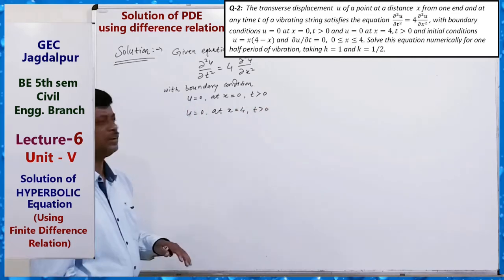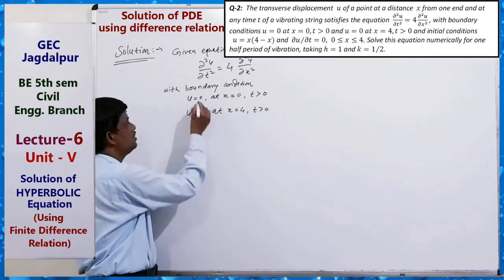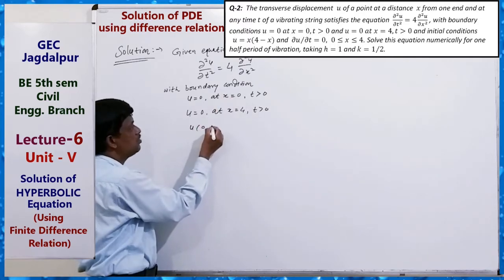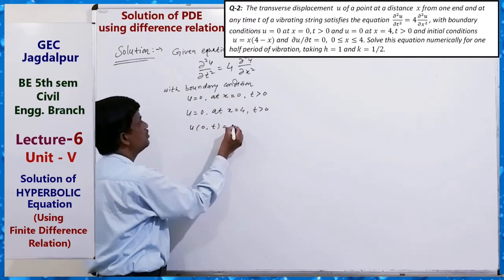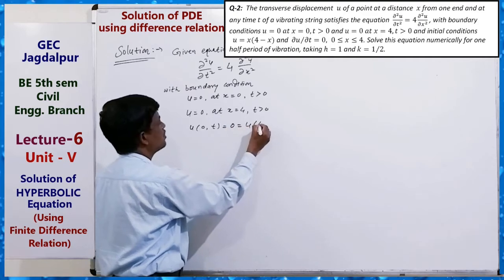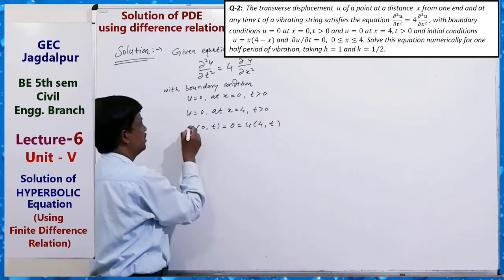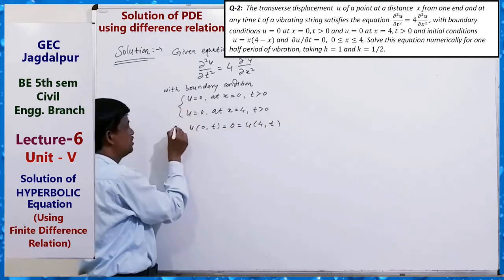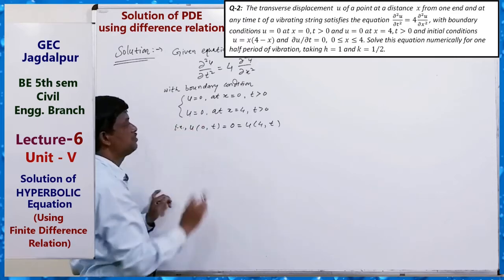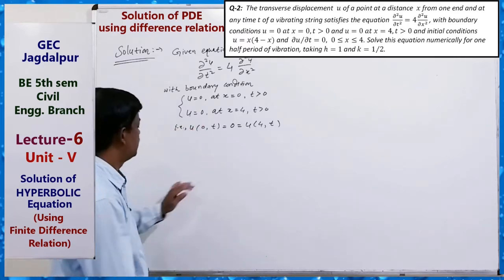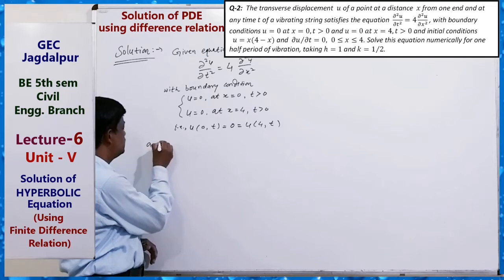This means what? Nothing. u(0, t) equals 0 equals u(4, t). These two are the boundary conditions, and the initial conditions are given.